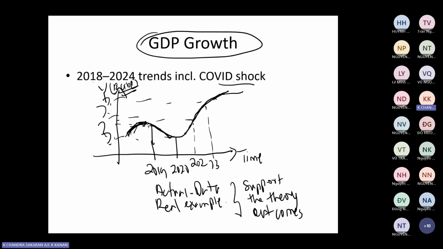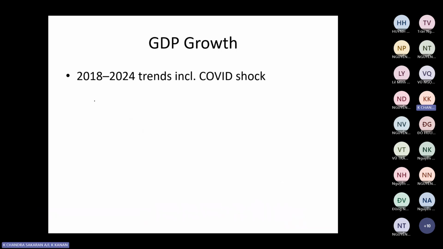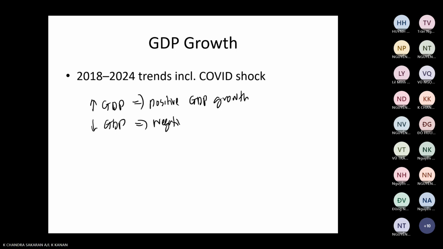The GDP is going up. GDP is rising. That means we have positive GDP growth, which is good. All countries want to have positive GDP growth. If GDP is falling, then you have negative GDP growth.